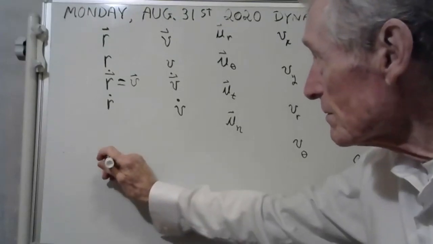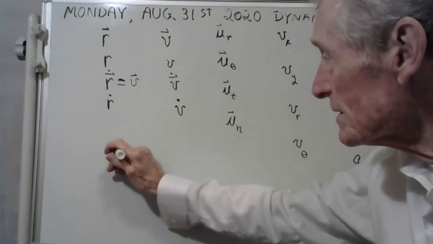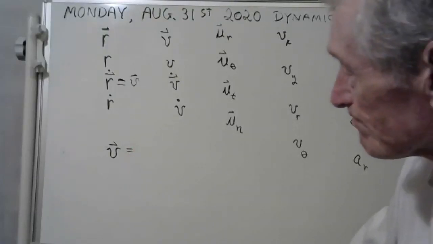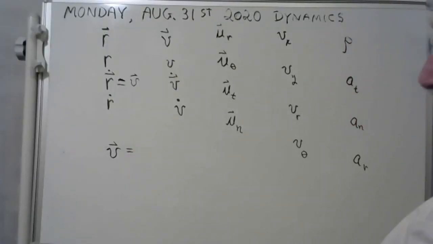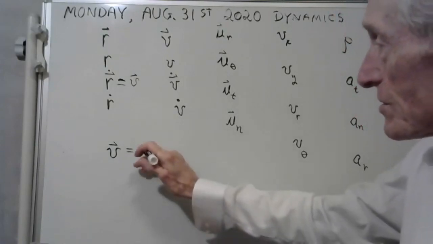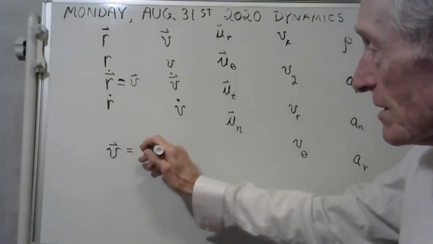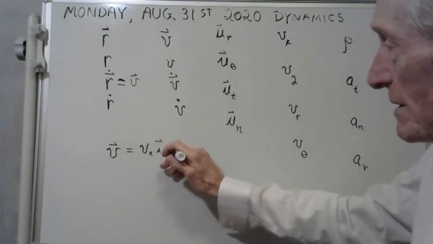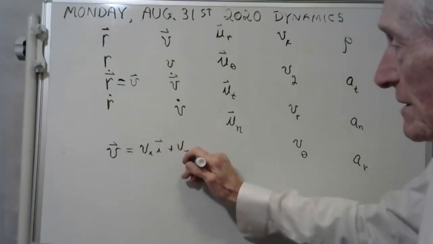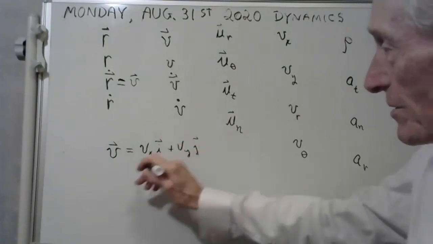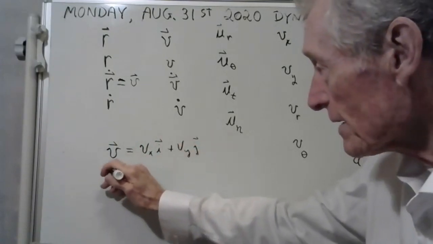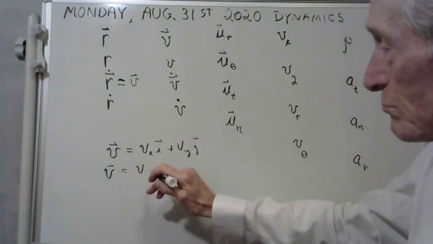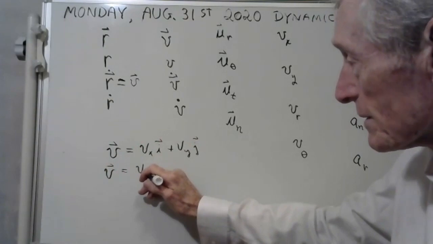Now I know what the velocity is. There's two ways to write this. Well, there's three ways. You could write it like that, or you could write it like this.